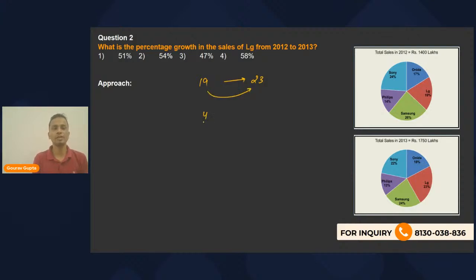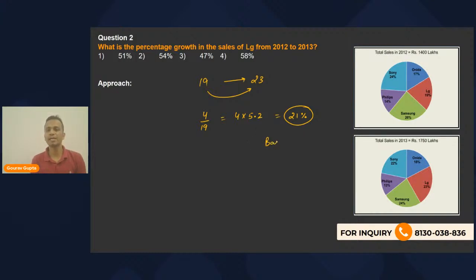The percentage increase is 4 upon 19, right? Now 1 upon 19 is 5.2 something. So 4 upon 19 will be 4 multiplied by 5.2, that is approximately 21 percent. So the percentage increase in the percentage share is 21.